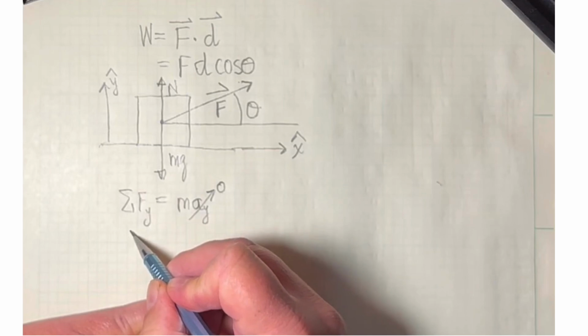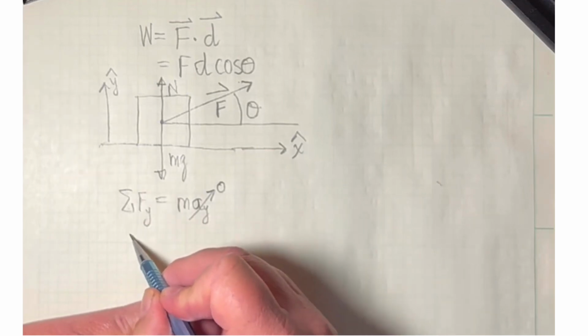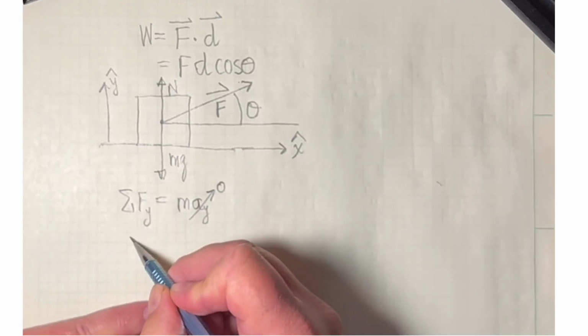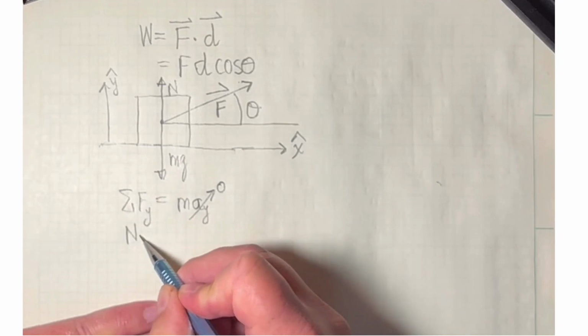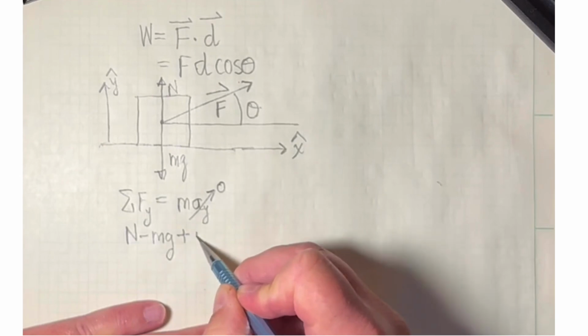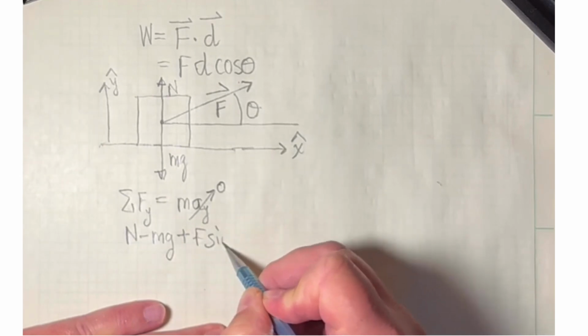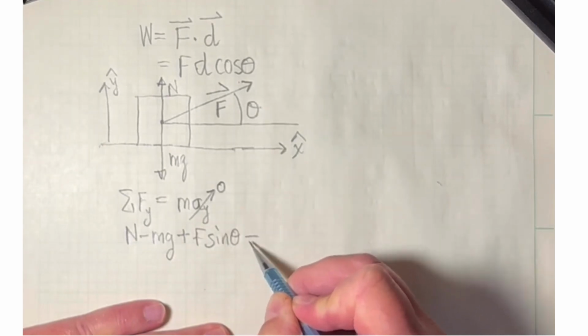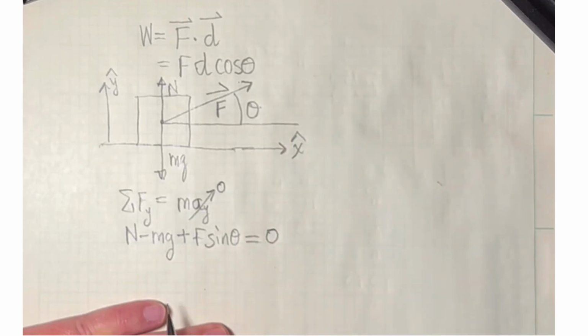So let's write this equation. The summation of the forces in the y direction is equal to the normal force minus mg plus F sine theta. This has to be equal to 0.